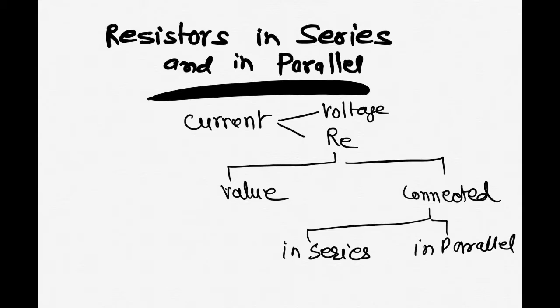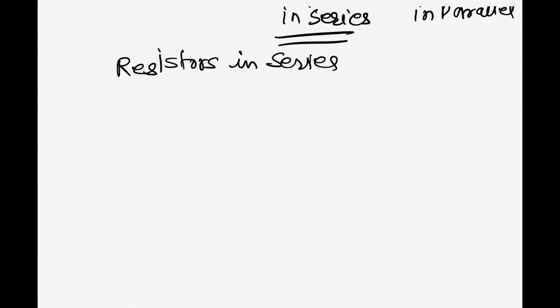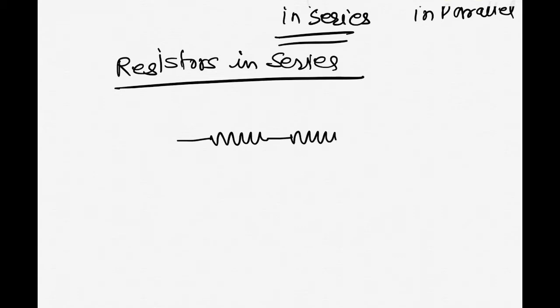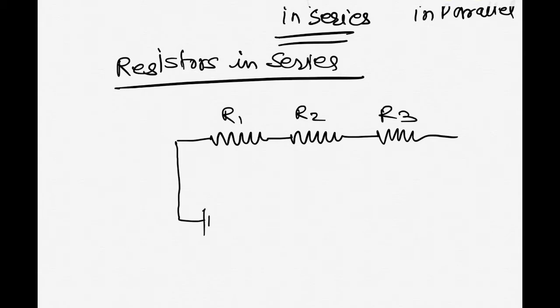Okay. Now let's take resistors in series. Let's consider three resistors connected sequentially. This is R1, R2, R3. Now connect these three resistors with an energy source, a battery.